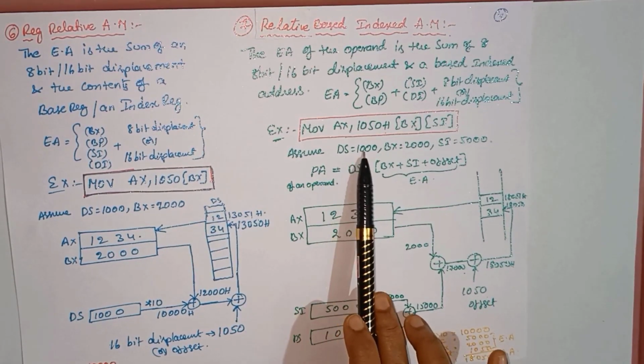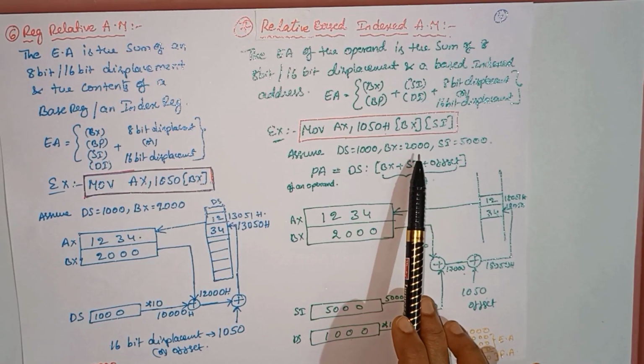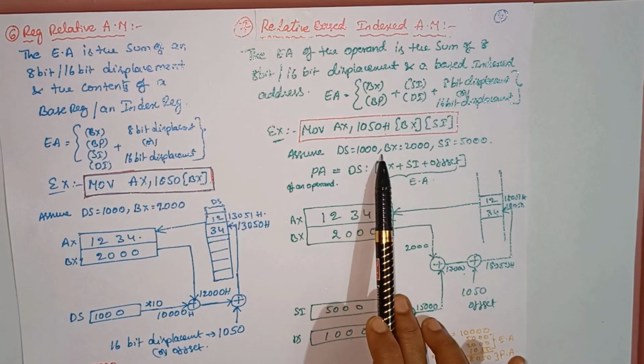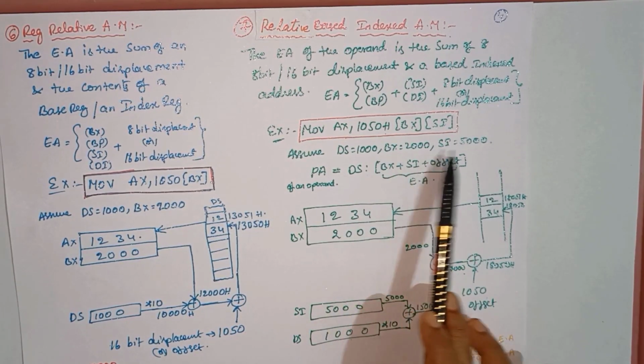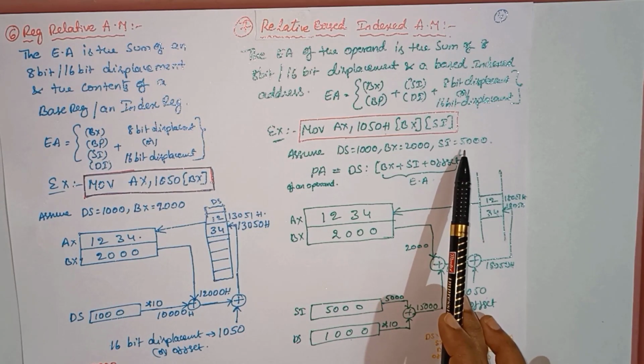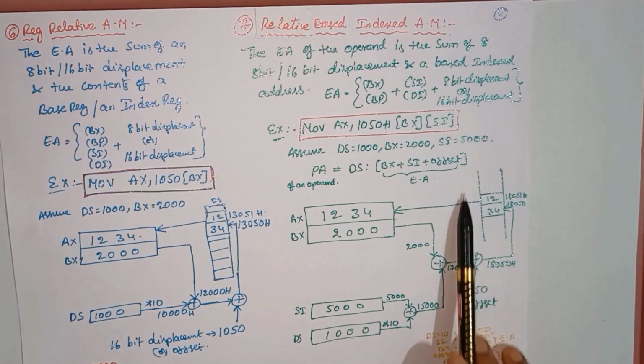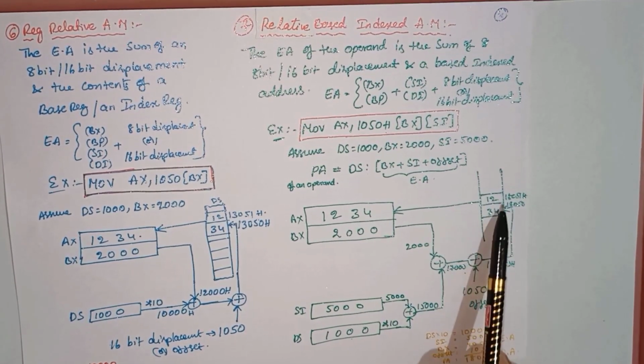Assume DS is 1000, BX is 2000. We should not say 2000, 1000, 5000 because it is mentioned in hexa only. That's what we have to use. We have to mention 5000. These are the registers available in the processor and this is memory. The data resides in memory.